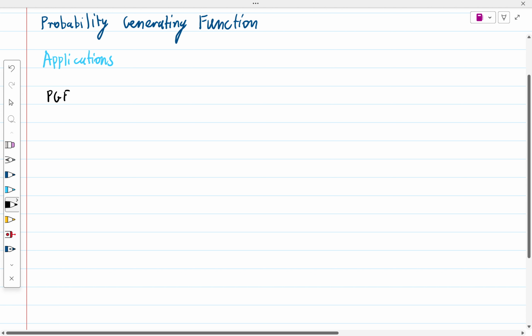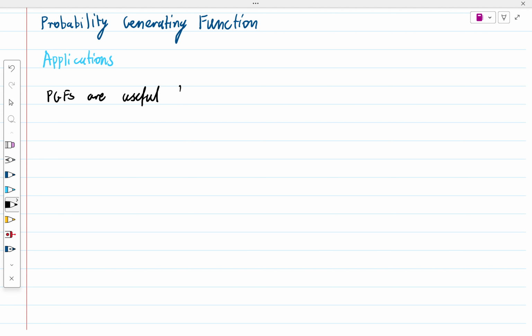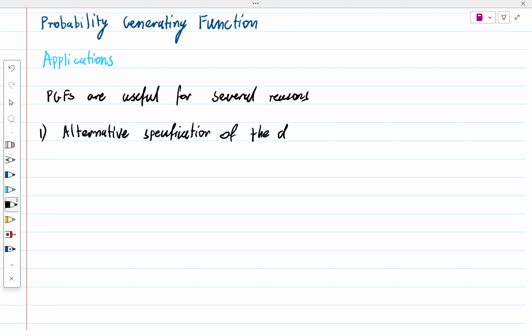So PGFs are useful for several reasons. And here they are. Point number one, alternative specification of the distribution.